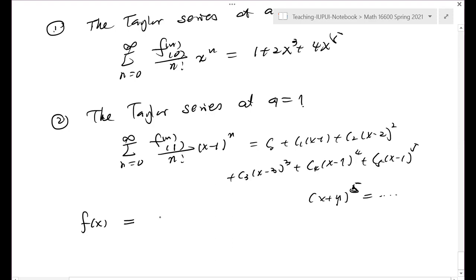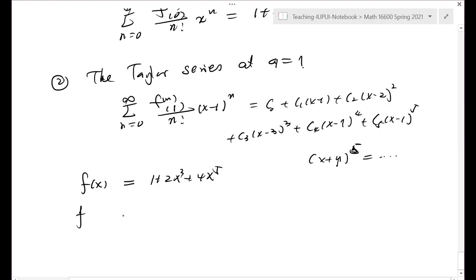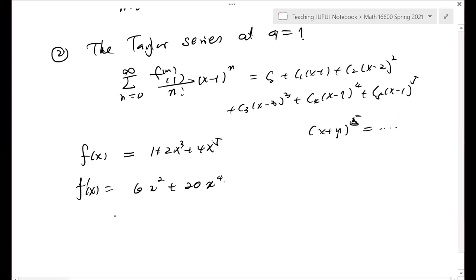So f of x is ... 4x to the 5th. Then don't make computation mistakes. The first derivative is 6x squared, 20x to the 4th power. The second derivative is 12x plus 80x cubed.